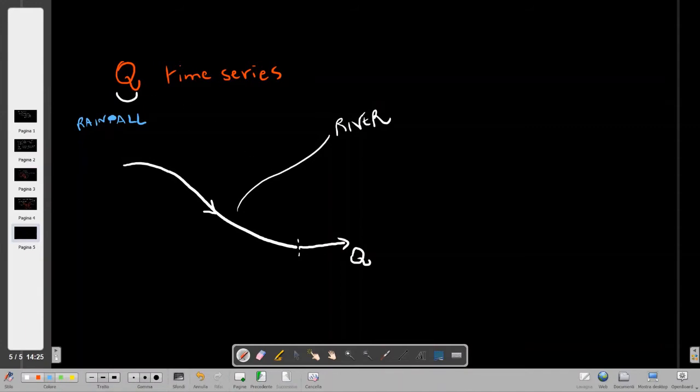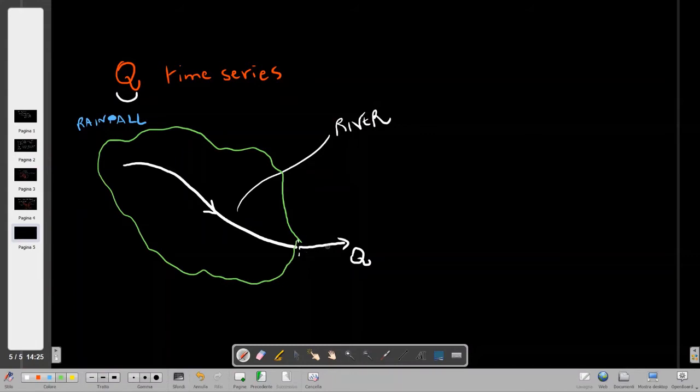Then, from a physical point of view, we have a kind of basin, and let me depict it in this way. So a portion of the land that is called a watershed that collects the water coming from the sky. So in this case, the water comes into this watershed.